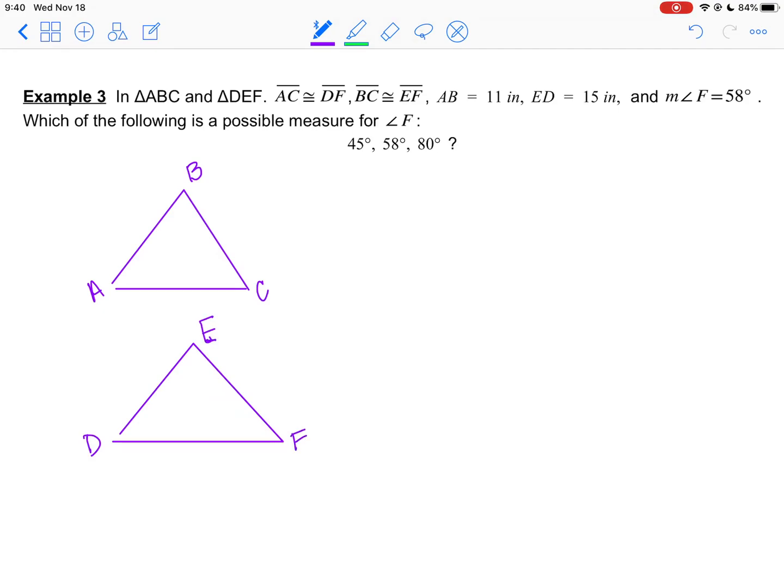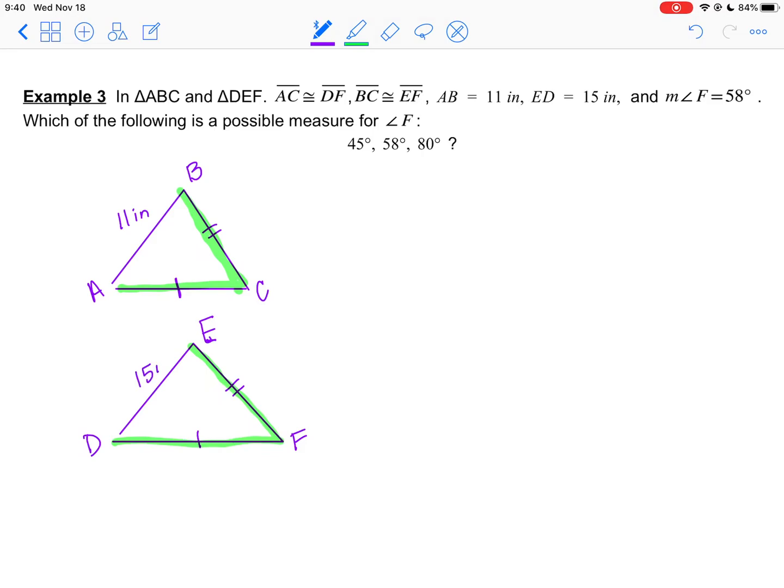So I just draw any two arbitrary triangles, and it's going to be based off of these markings that I put on it. So it says that AC is congruent to DF, and BC is congruent to EF. So I can tell that the hinge that I'm working with here is the angle that goes between those two congruent sides.